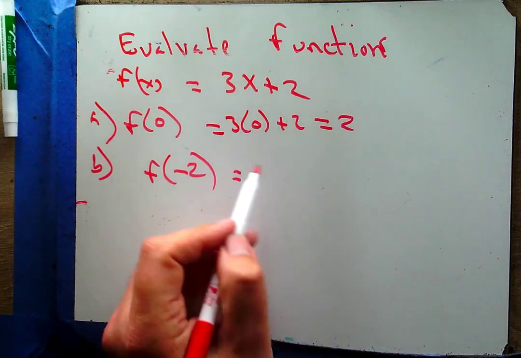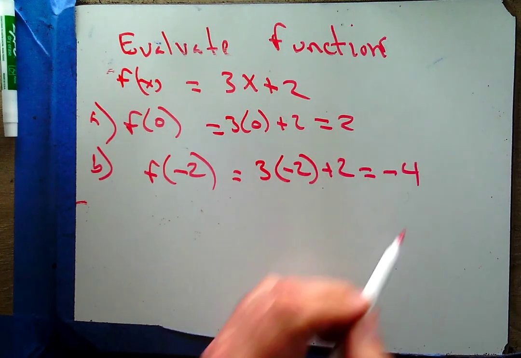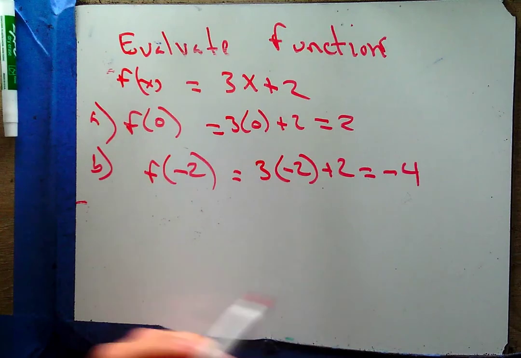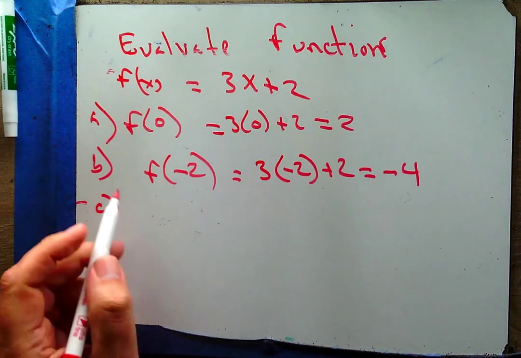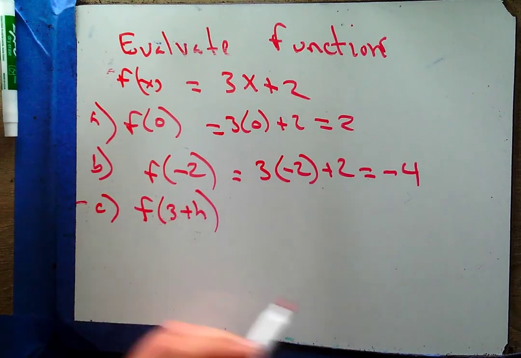That's right, 3 times -2 plus 2 will be -4. No problem. How about C? F of 3 plus h.